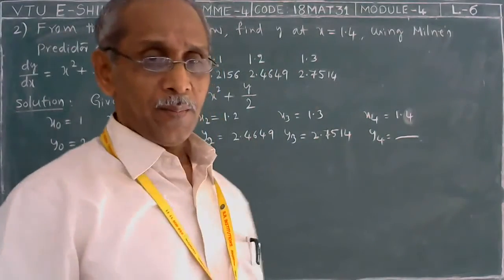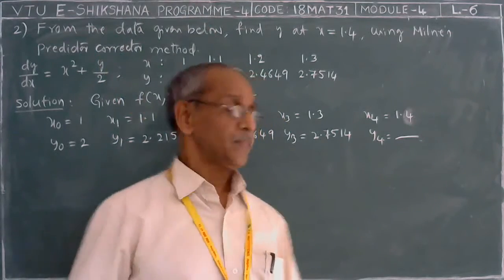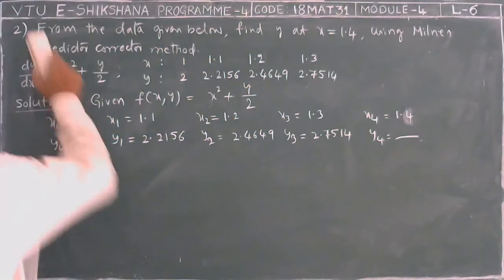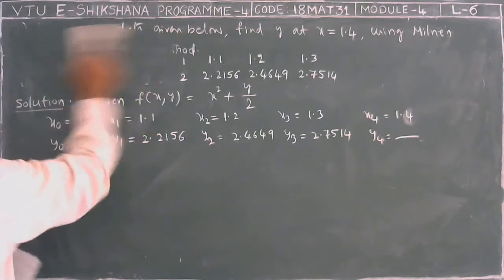I need to calculate y4, that is y at x is equal to 1.4, using Milne's predictor and corrector method. Let me write the data which is very much required.